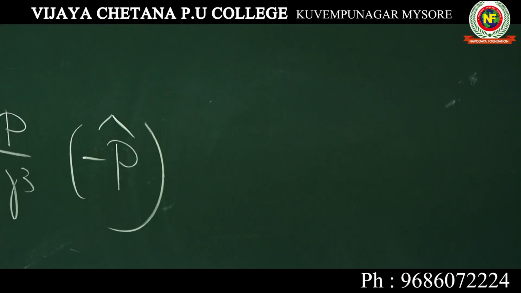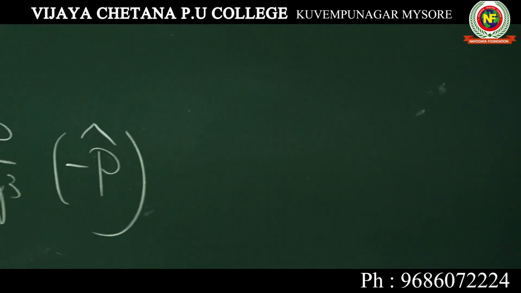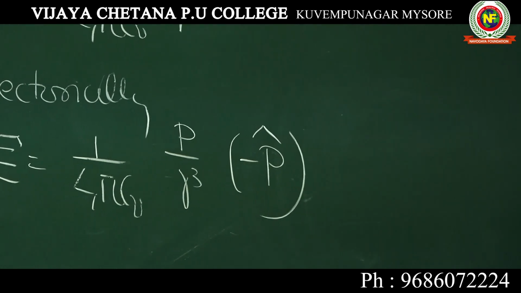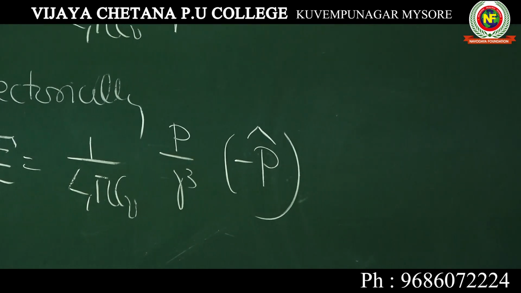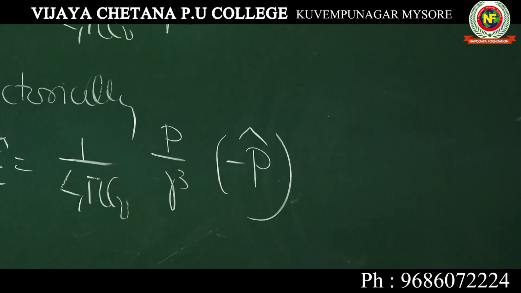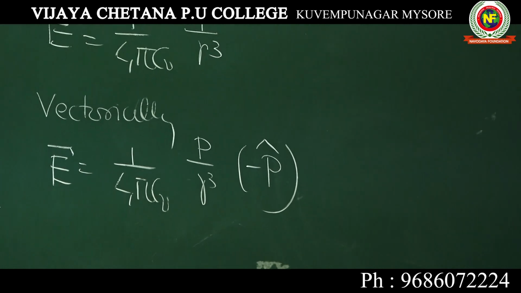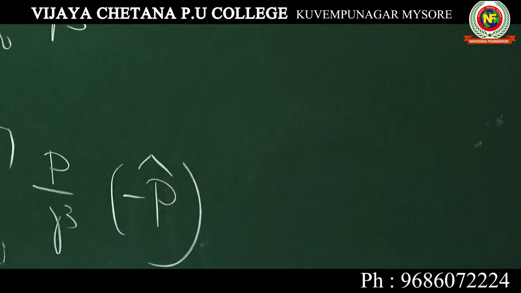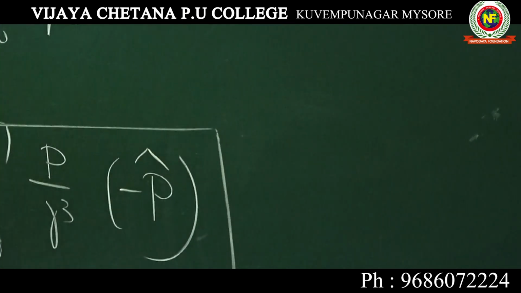You are understanding why it is so? I am multiplying it by minus P cap because resultant intensity is in a direction opposite to the dipole moment. Therefore, resultant intensity is given by this expression.